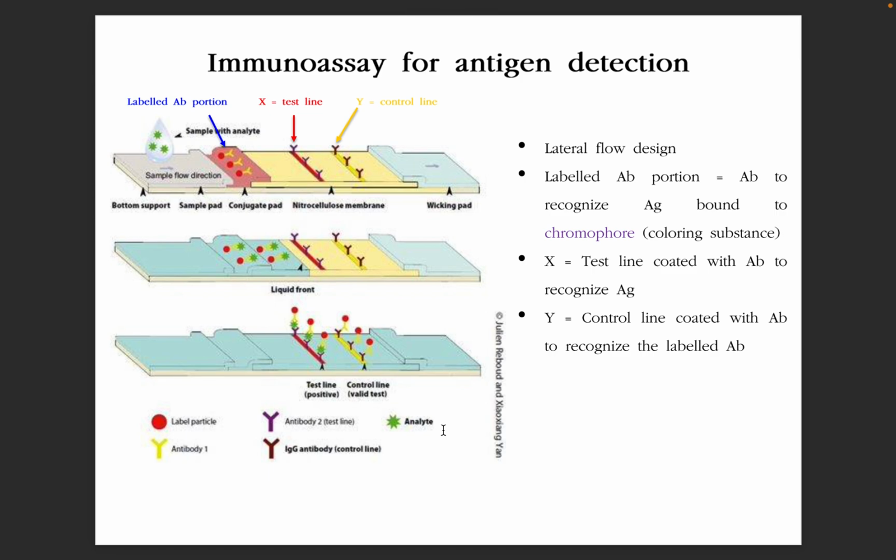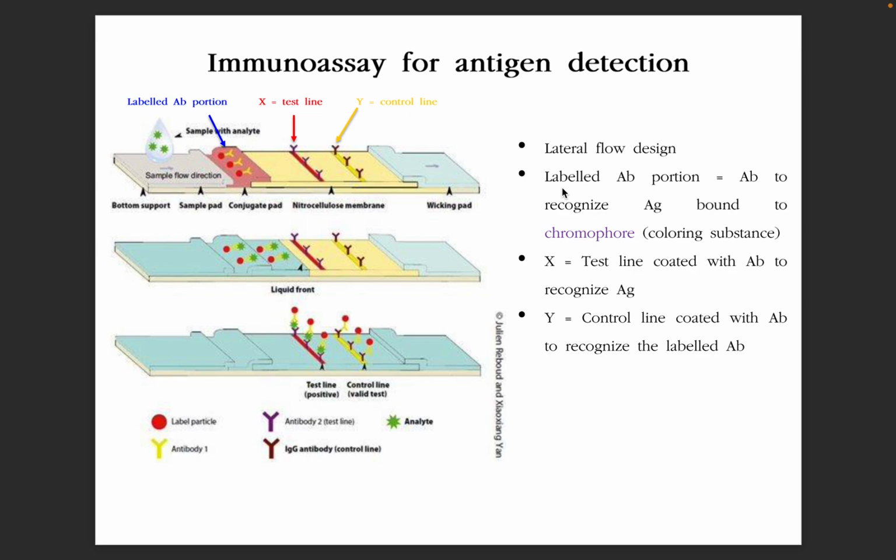Let's move on to the detection of antigen by immunoassay, which is another popular technique to detect SARS-CoV-2, in the form of ATK. The principle behind this is designed for the lateral flow of the reaction solution.